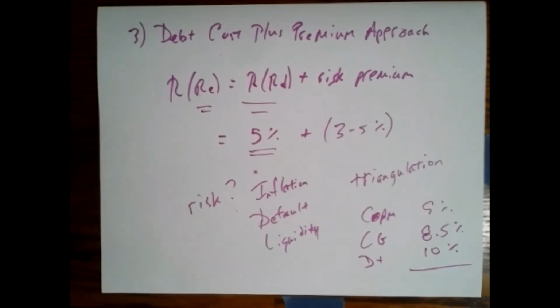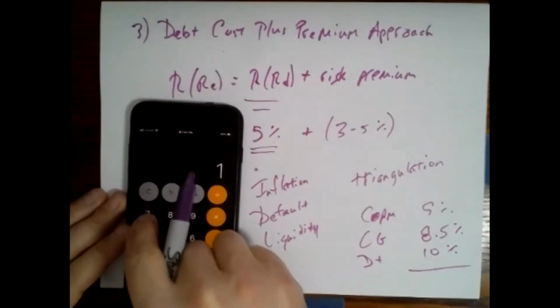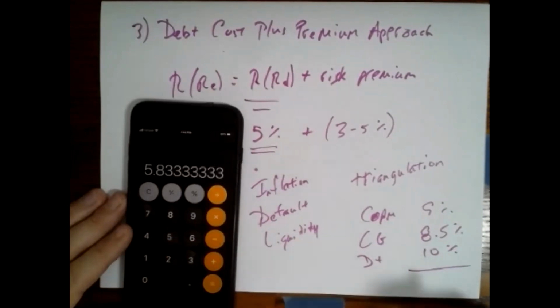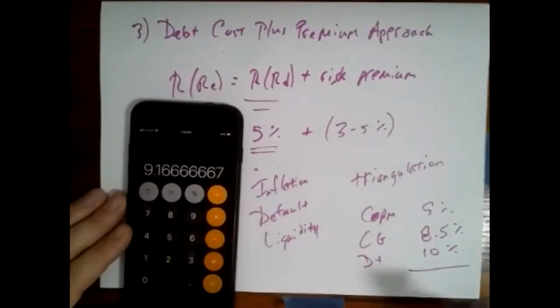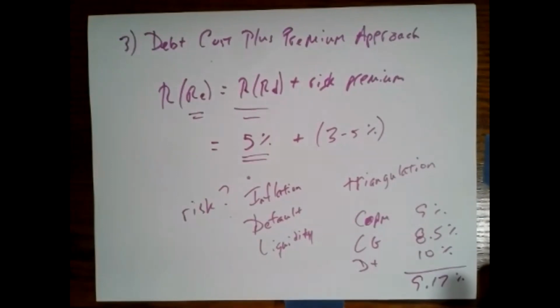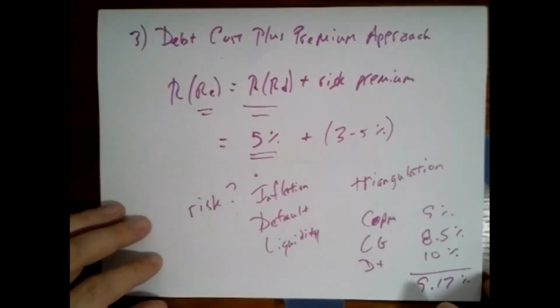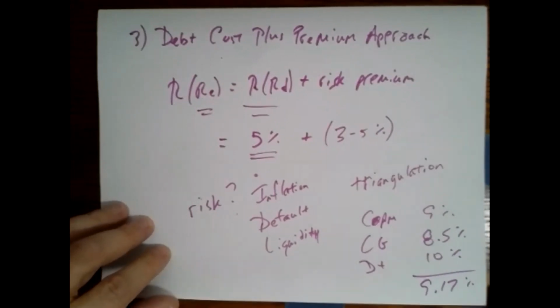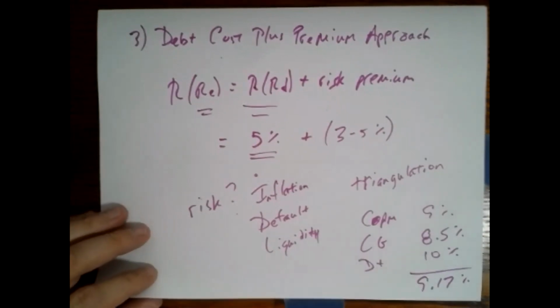So you'd get 27.5 divided by 3, 9.17, right? That's an approach. You're being fairly agnostic about which approach is better. But investors will look at all three of these to justify a required rate of return.